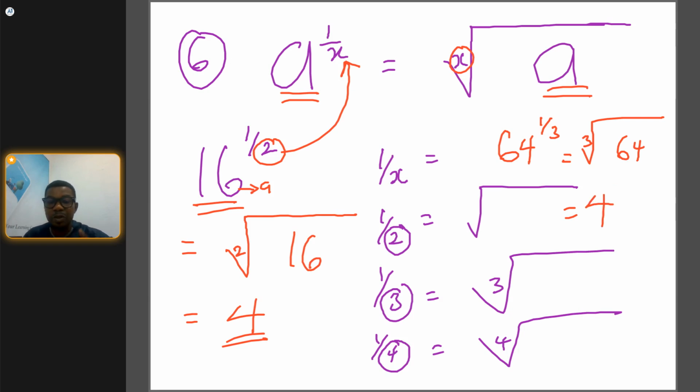That is a number you multiply by itself 3 times to get 64. And that is 4 times 4 times 4. That will give us 64. So the cube root of 64 is 4.